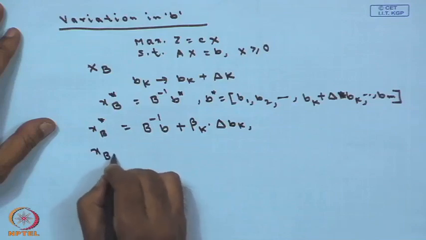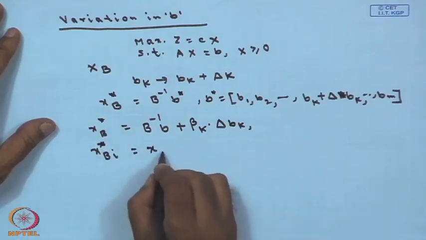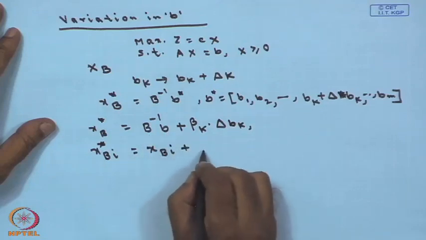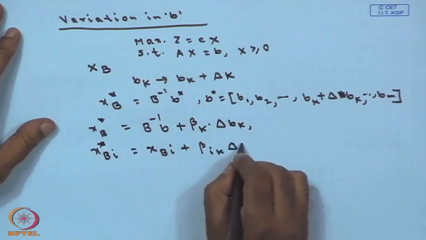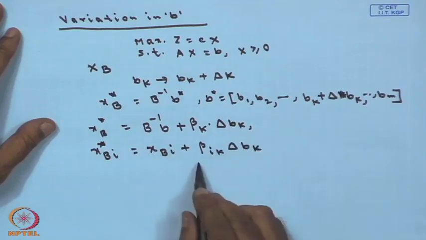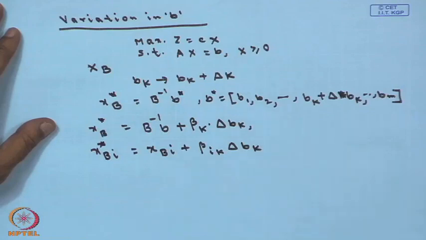In general, B inverse b is nothing but x_B, so I can write x_Bi plus beta_ik into delta b_k, where beta_ik is the ikth element of B inverse.